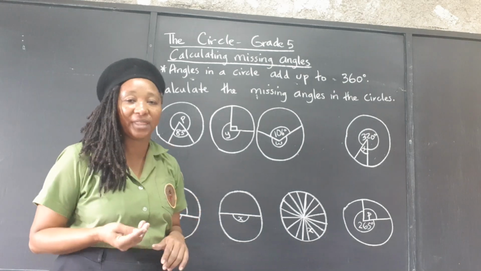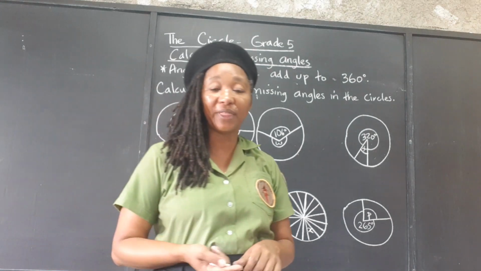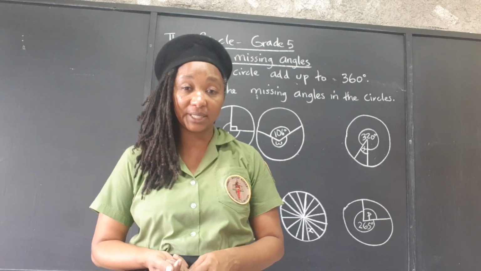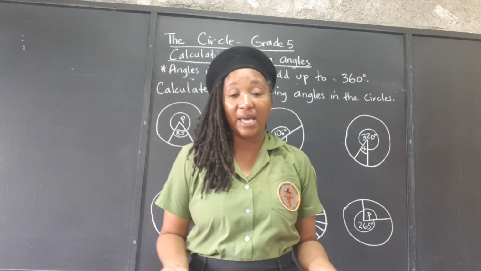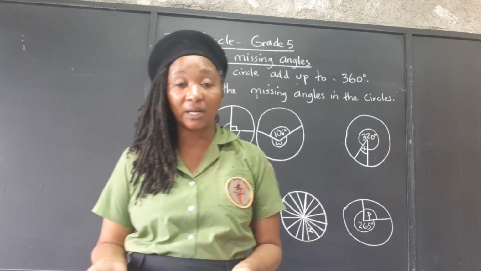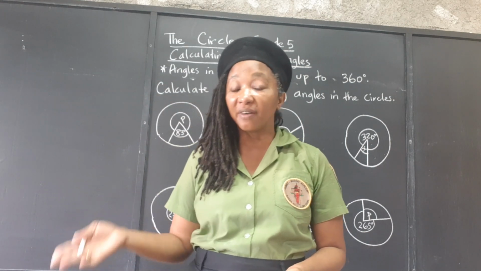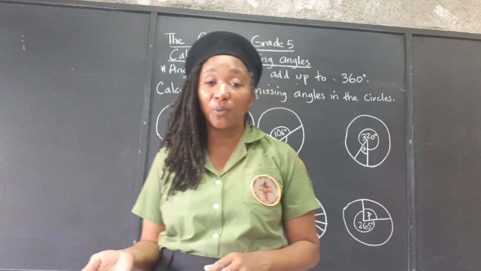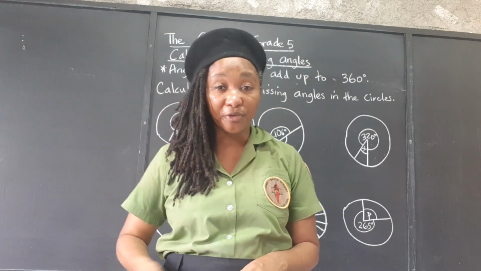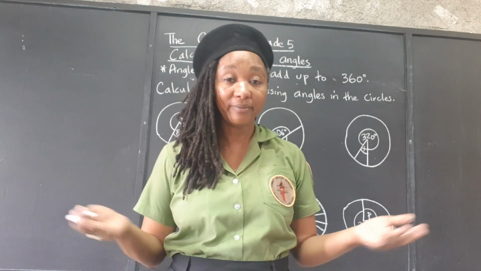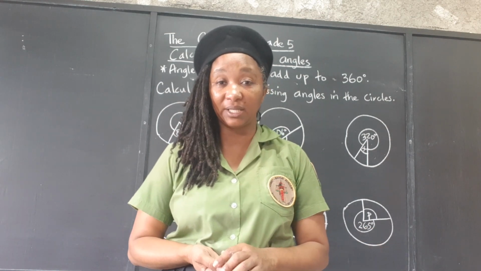If we know that the angles in a circle add up to 360 degrees, then if the circle is divided into 2 angles and we are told one of them, we simply need to subtract the one that we know from the full 360 and we will find the missing angle. It's as simple as that, right?